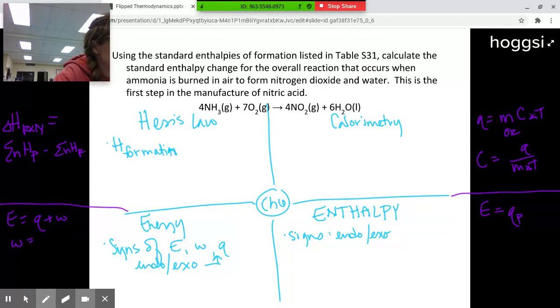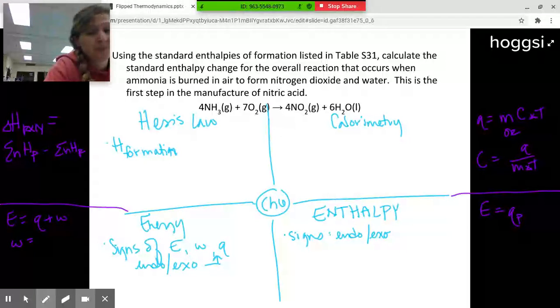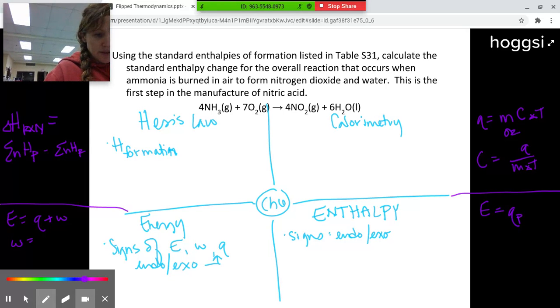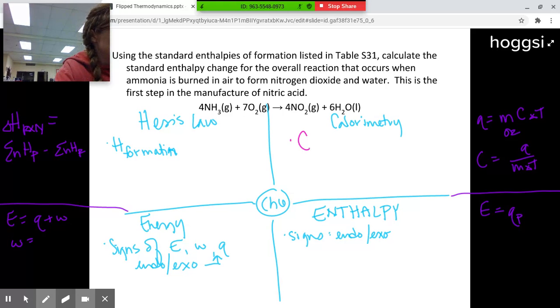Okay, details inside of these, or like specific problems that come up all the time. Okay, heat capacity. Where would heat capacity go? Any ideas? I would put heat capacity in calorimetry because it's in that equation.